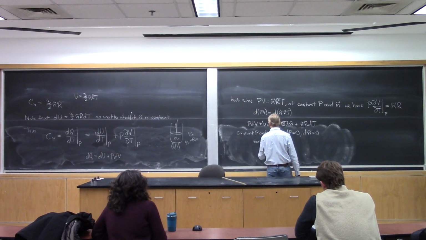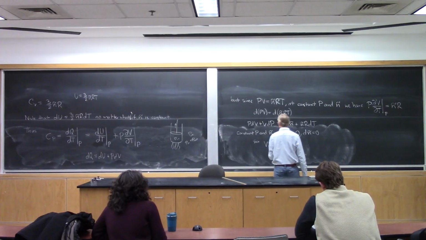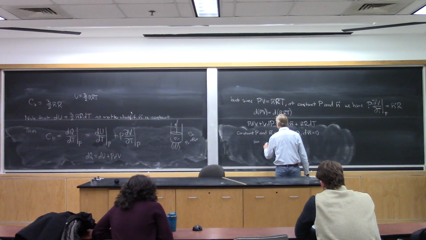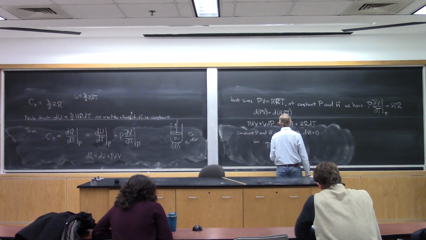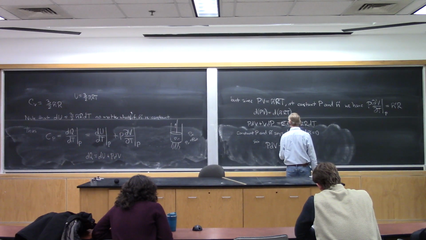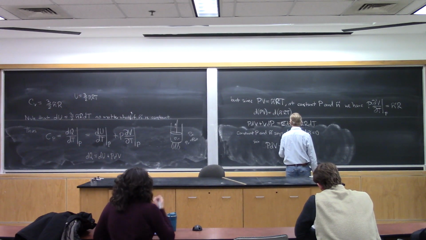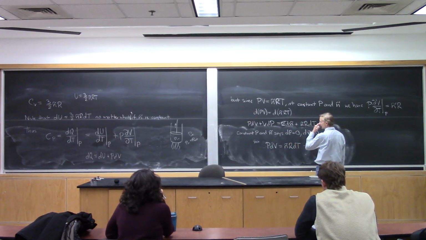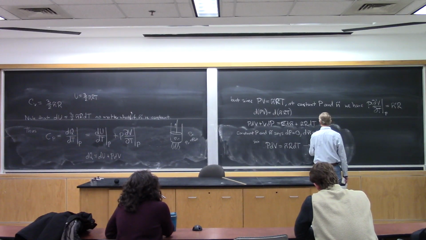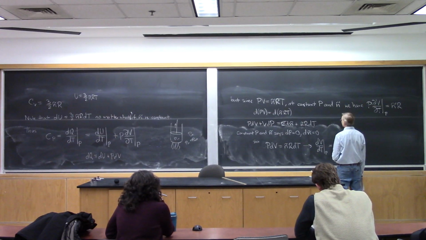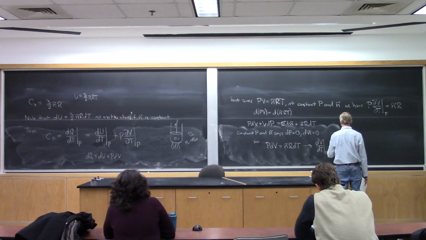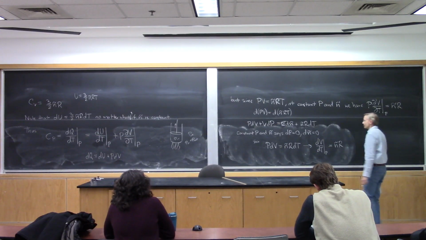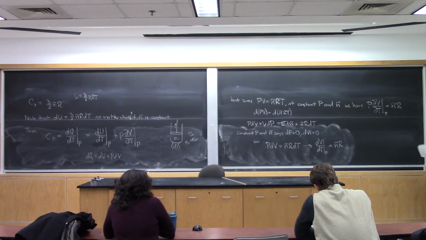So you get V dP, I'm sorry, P dV is equal to N tilde R dT, and so that lets us say that dV over dT, when we're holding the pressure constant, is equal to N tilde R. So that's the long-winded way of saying that that's true.